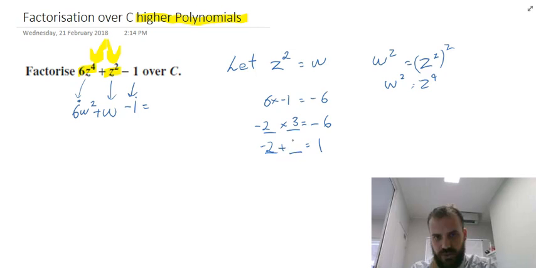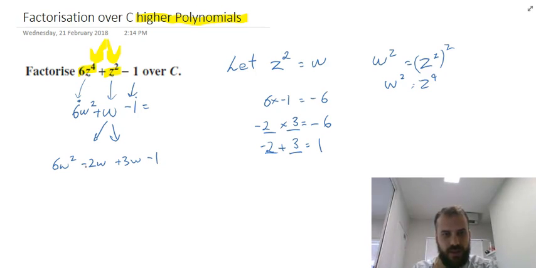Negative 2 and 3. That means we can decompose the w. So we have 6w^2 - 2w + 3w - 1. We can factorise the first two terms. The common factor here is going to be 2w. That's going to leave me with 3w here and minus 1 here.